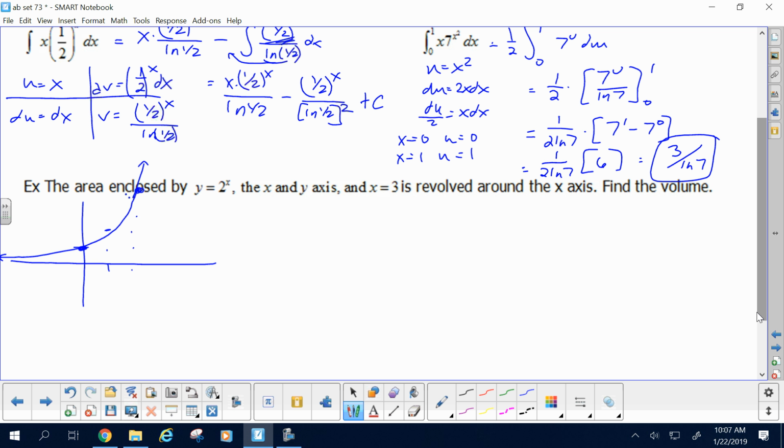Right? The x-axis and the y-axis and x equals 3. I'm talking this region here. This is revolved about the x-axis.